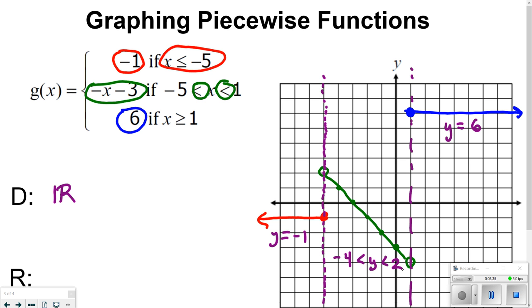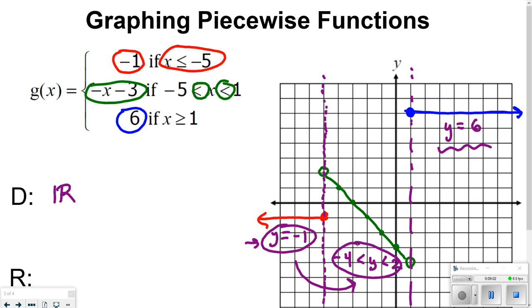What I want you to notice is that the range y equals negative 1, that y value is already included in this inequality here. Because of that, I don't need to be redundant. I don't have to include this range when I actually write my formal range. Okay. However, y equals 6 falls outside of the range.